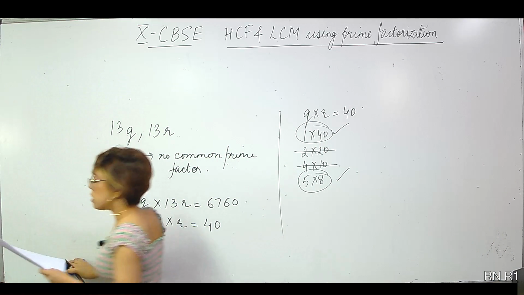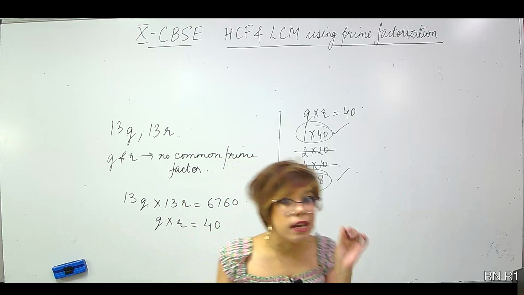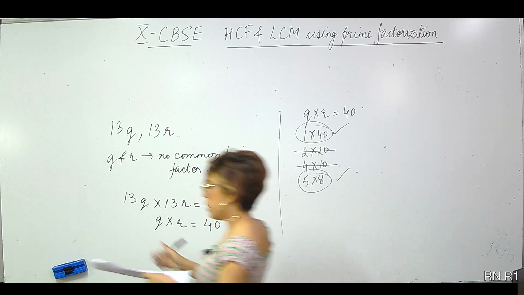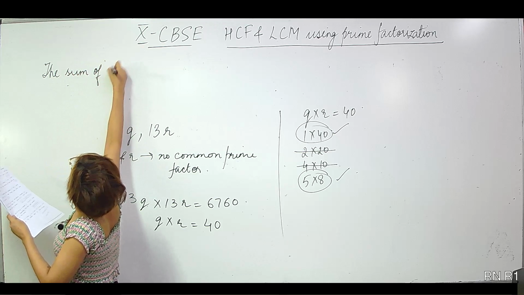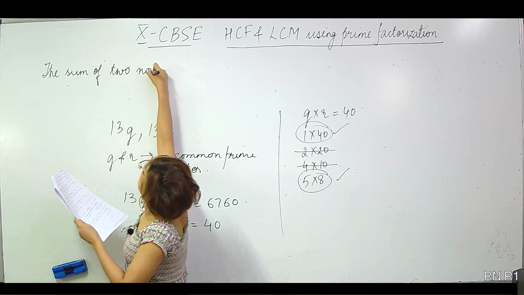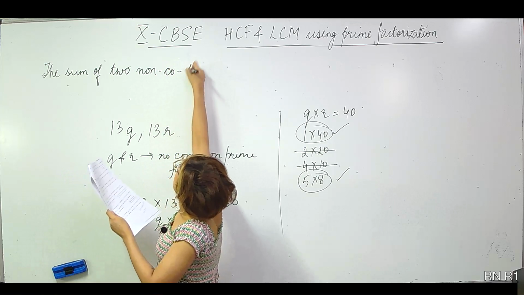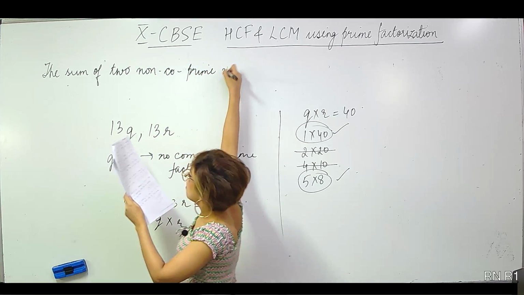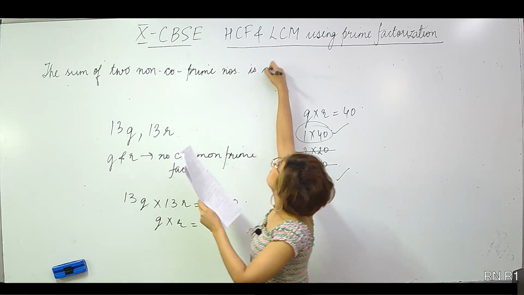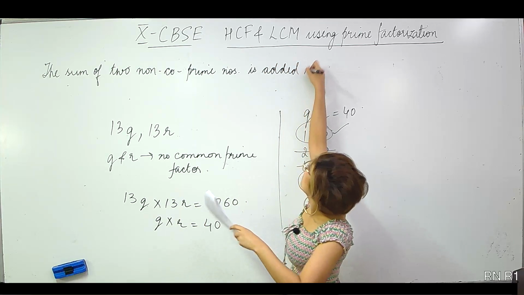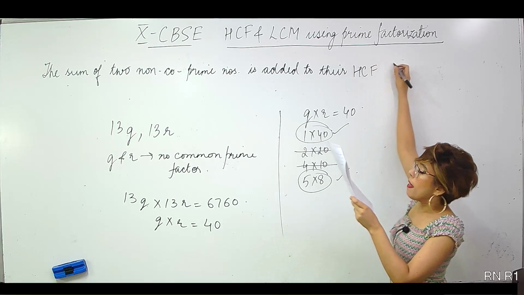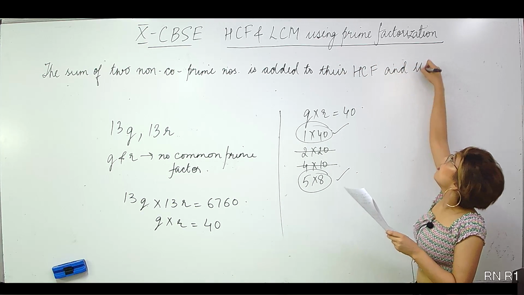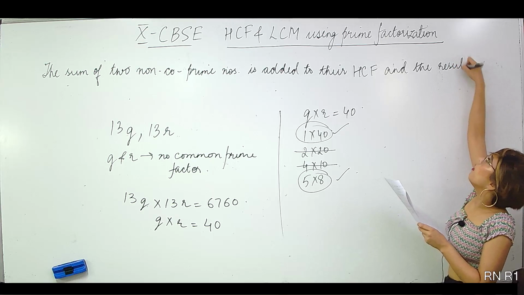And it's a very interesting question. You just need to read the question well. So, write down the sum of two non-co-prime numbers is added to their HCF and the result is 91.